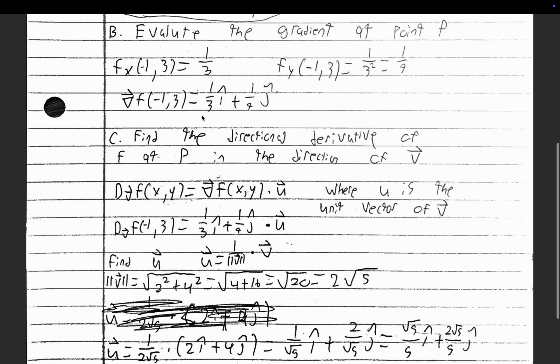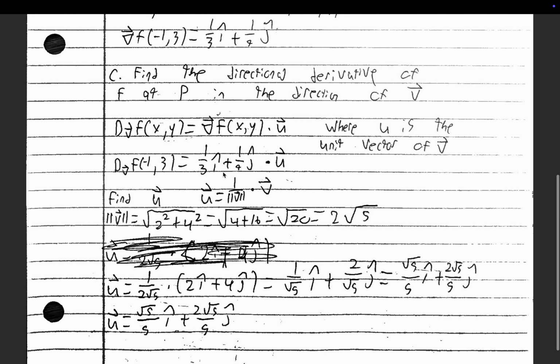Now we're going to get into directional derivatives. This asks us for the directional derivative of the function f at point P in the direction of the vector v. The directional derivative in the direction v of f is defined as the gradient of the function dotted with the vector u, where u is the unit vector of v.